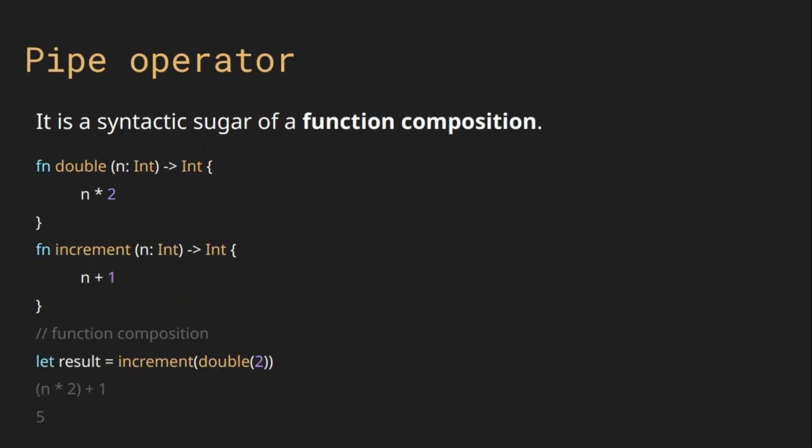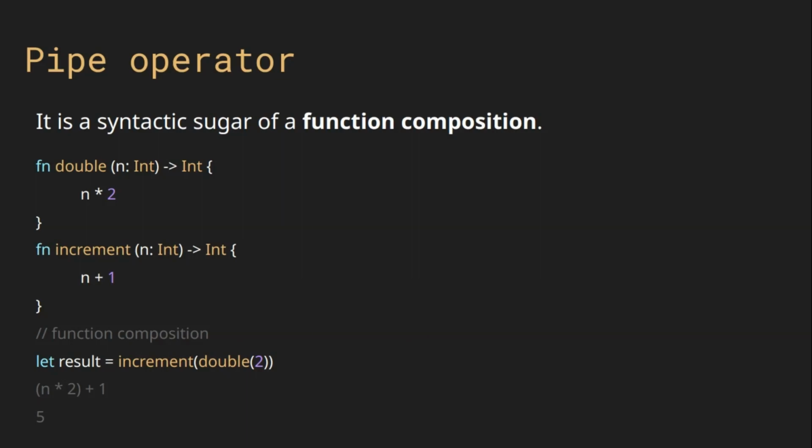Finally, one thing that is not directly related to control flow, but is a syntactic sugar that you will see often in this module, is the pipe operator. And in short, it is a syntactic sugar of function composition. And what is function composition?